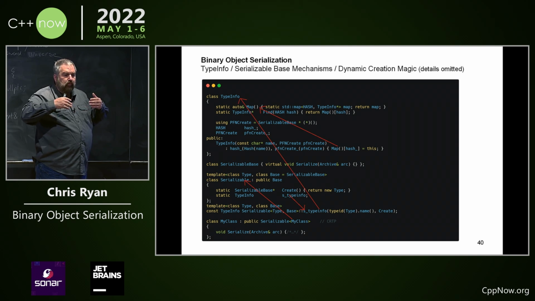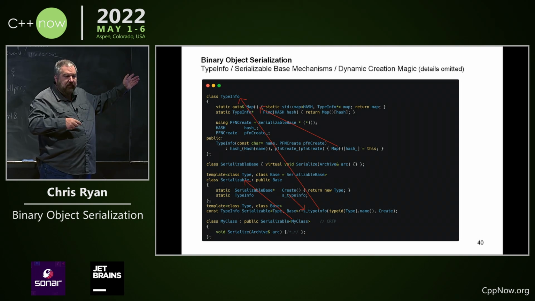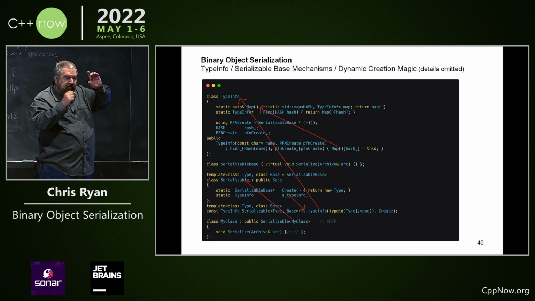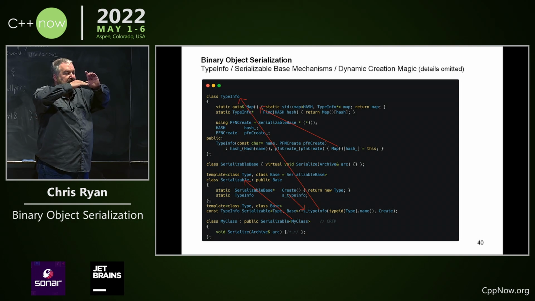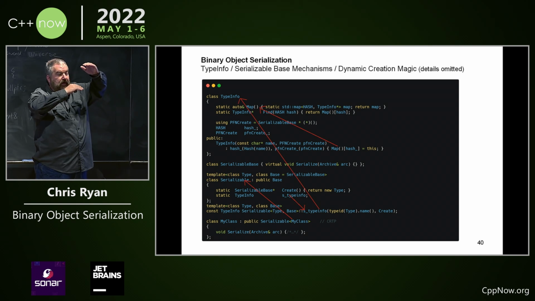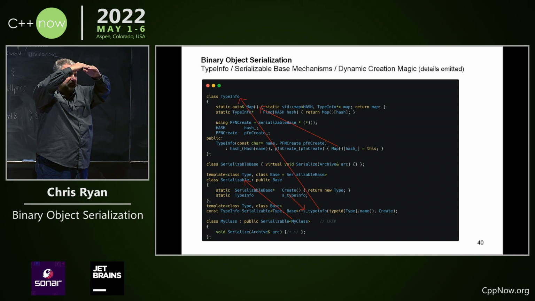If you were in our previous slide where we had a my base and my derived, they're stacked on top of it. What this does is it injects a serializable between those two, so it has all the information to create the my derived, but underneath the my class, it also has a serializable where it has all the information to create my base if you're only going to be creating that.